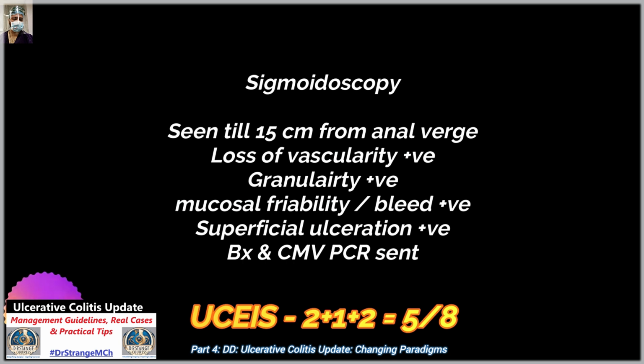There was granularity, the mucosa was friable, and mucosal bleed was positive. There was superficial ulceration, and a biopsy was taken, and PCR was sent for cytomegalovirus infection. So the UCEIS was 2 plus 1 plus 2, that is 5.